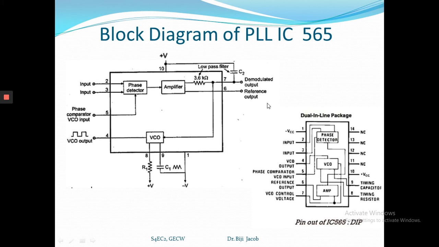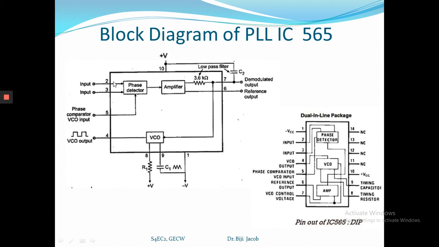The basic analog PLL IC used earlier was the 565, monolithic IC 565. This is the block diagram of the PLL 565 and its pin layout. It is a 14 pin monolithic IC with a phase detector, VCO and amplifier built inside.